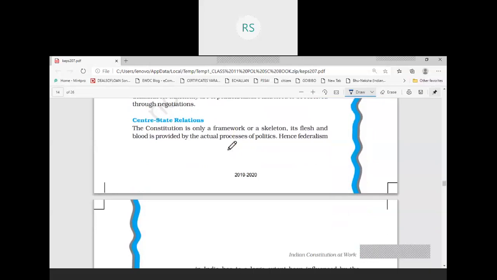By only providing for democracy or for a federal structure in the constitution, we cannot ensure that the federal system will be there successfully. Democracy will be there successfully.